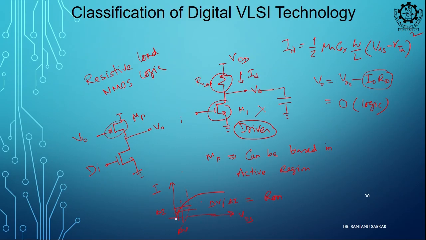If you consider this approximately a chunk, it will be more or less a constant resistance. In truth, it is a variable resistance, as this slope is varying. But if you consider a small portion of it, you can approximate it as a fixed R on.